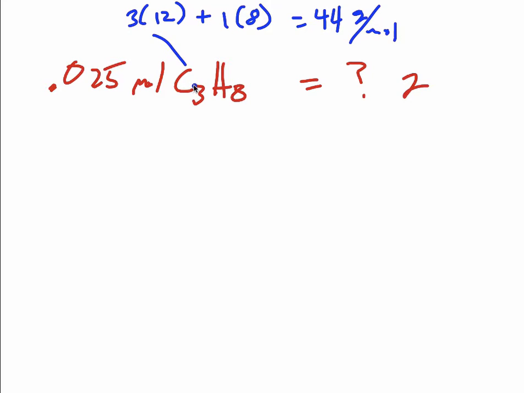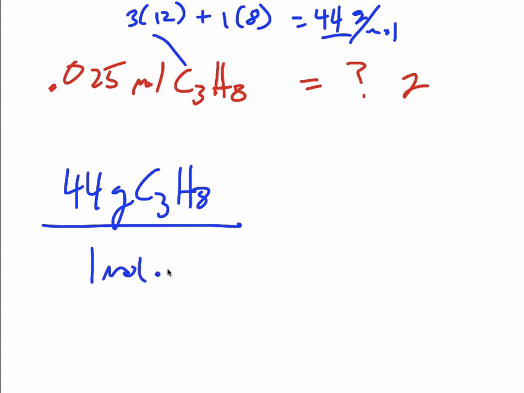I think you really can just look at the periodic table, get 3 carbons, add those up, get 8 hydrogens, add those up, and get a number, 44 grams per mole. Okay. So there are 44 grams of C3H8 in every 1 mole of C3H8.